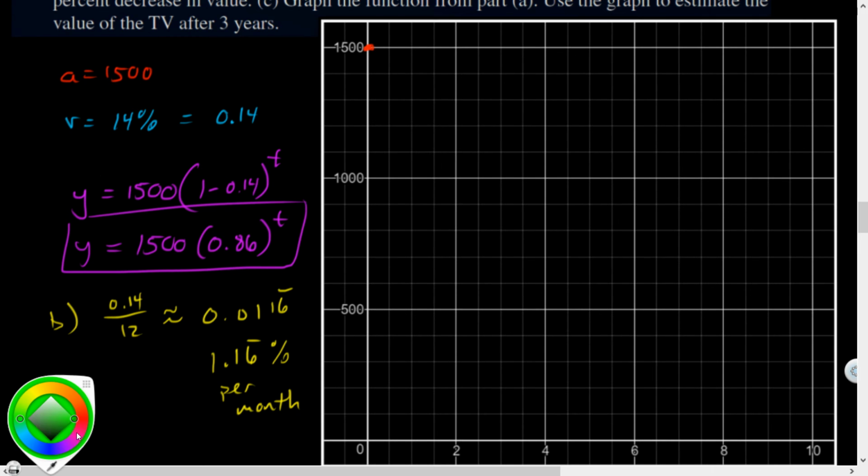So what I'm going to actually do is take 1,500 in my calculator, multiply by 0.86, and so it's going to go down to 1,290 in the first year. There's a point. This is year 1 right there. Multiply 1,290 times 0.86. I get 1,109.4. Here's 1,100. 9.4. Going to be close enough.